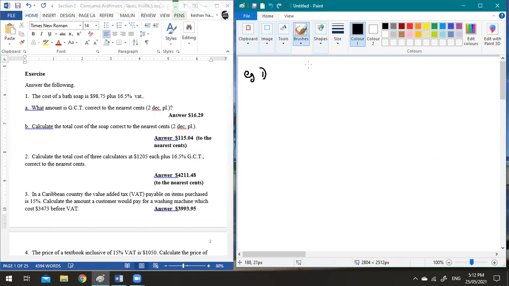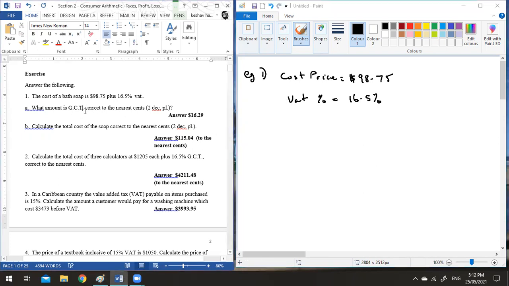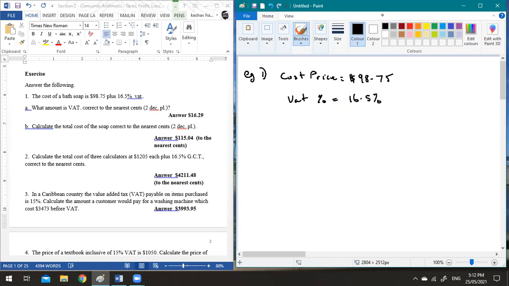So the cost price of the item is $98.75. The VAT percentage is 16.5%. So they want first, what is the VAT amount? And they want it to two decimal places because it is money, right?